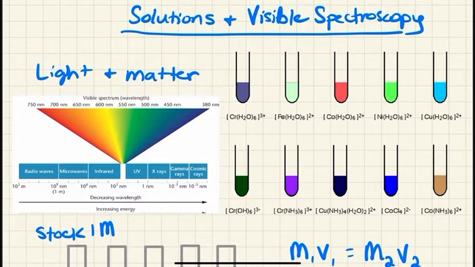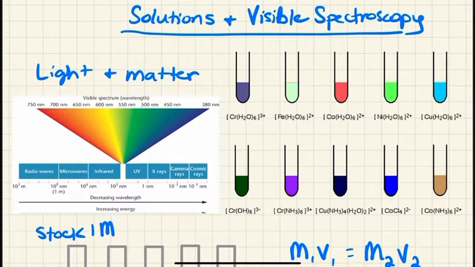And so just as a bit of a reminder, of course, we've learned at some point in our education about the visible spectrum of light, and that is within the larger electromagnetic spectrum between infrared and UV wavelengths, and the different colors have different wavelengths associated with them.